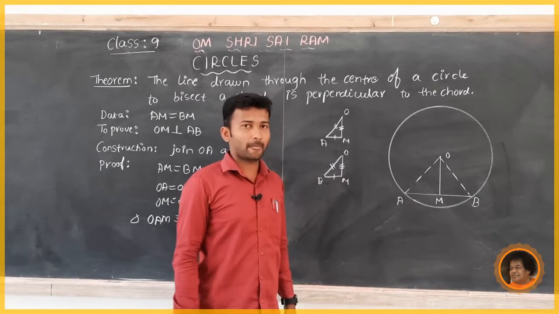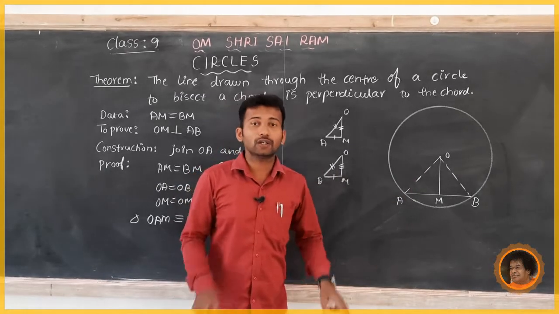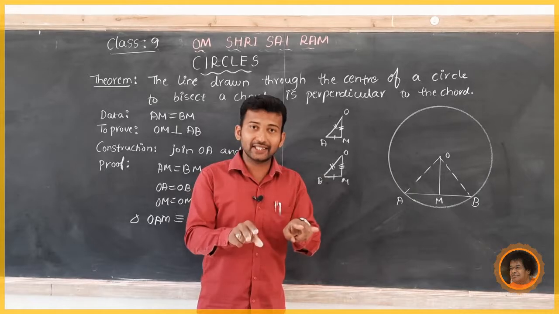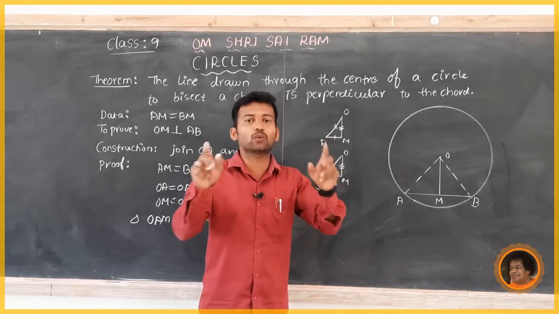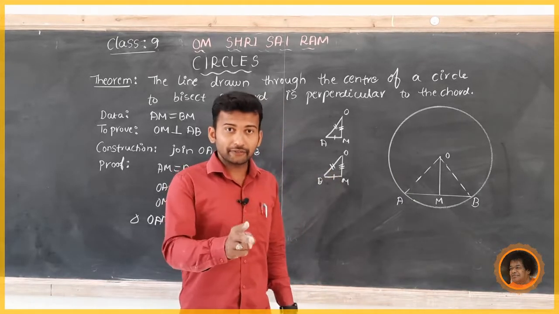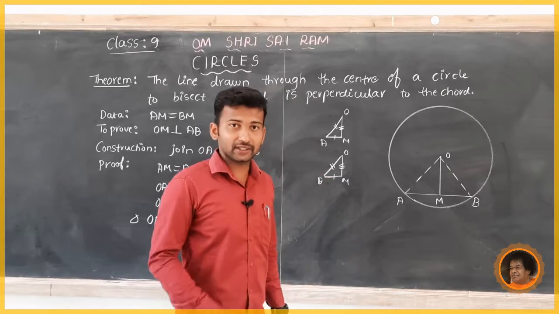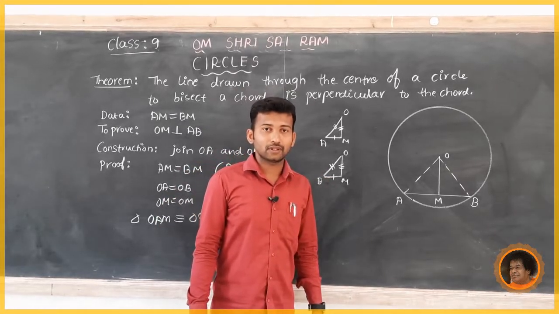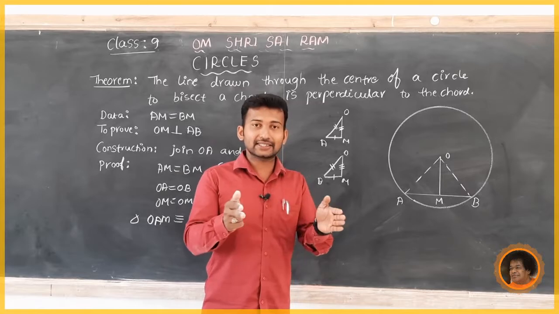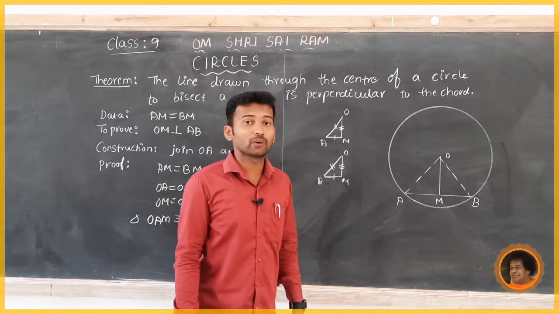How can we show this? If two triangles are congruent, then the rest of the elements are also equal.